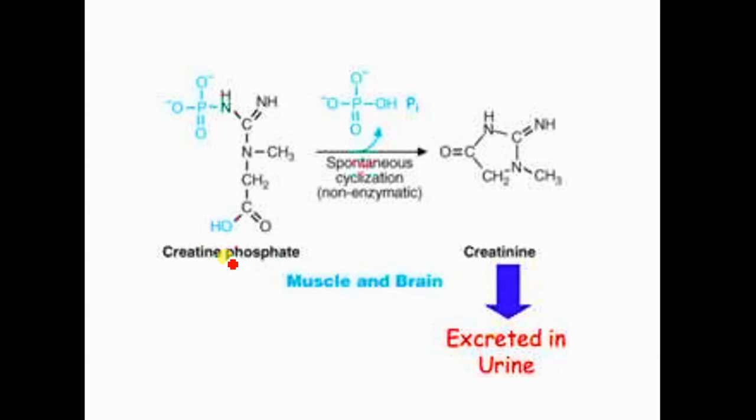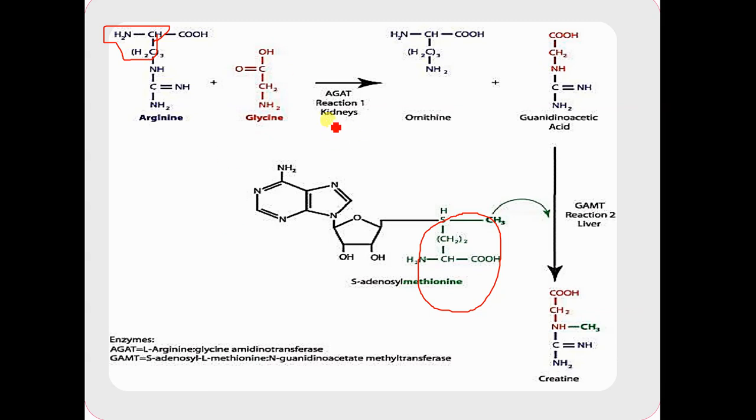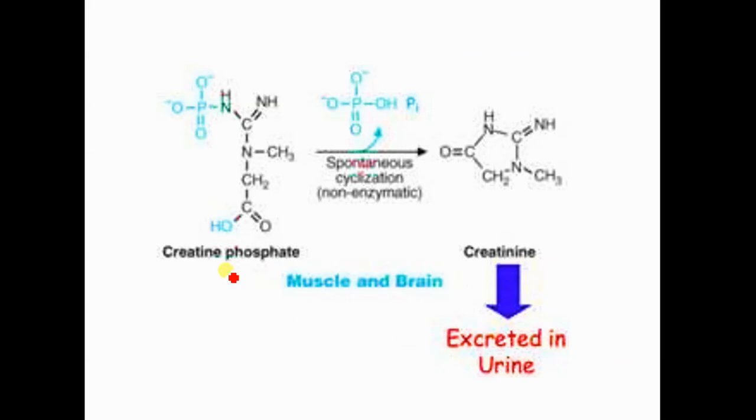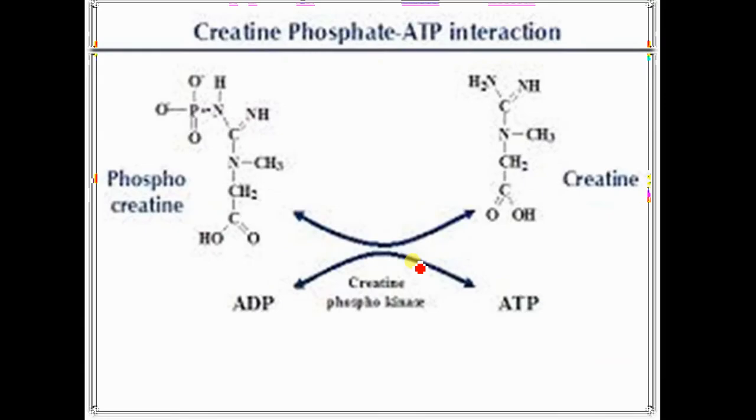The initial reaction takes place in the kidney and pancreas, the second reaction takes place in the liver, and this creatine will be further phosphorylated by the enzyme creatine kinase. Now this creatine phosphate is responsible for high energy reactions.